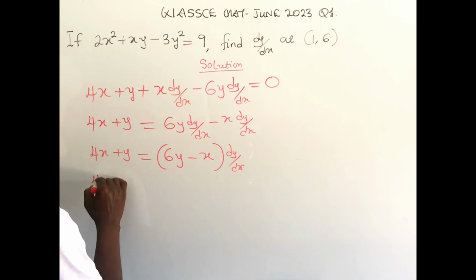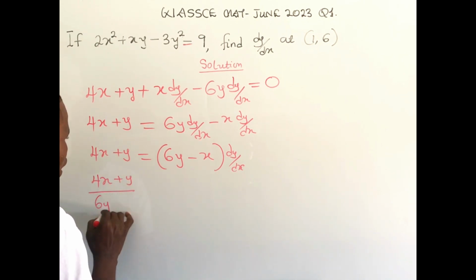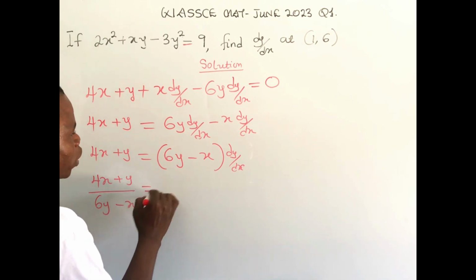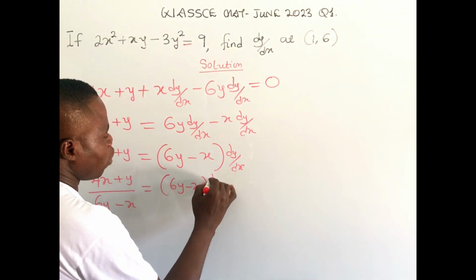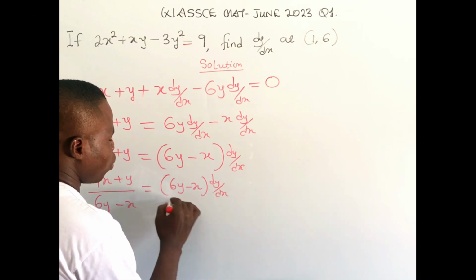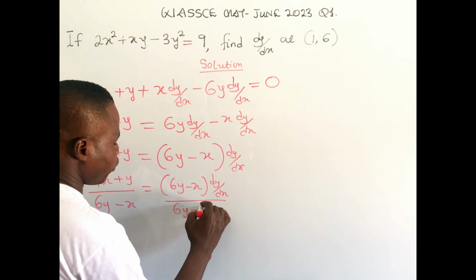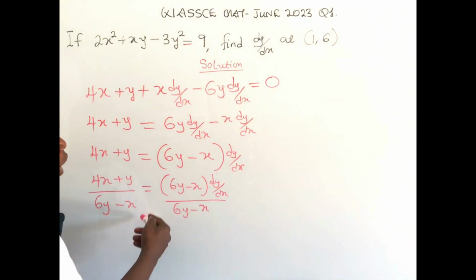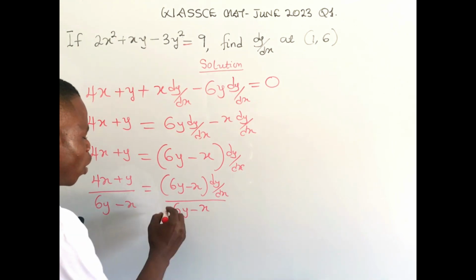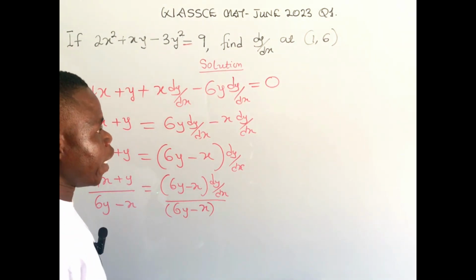So this will give me 4x plus y all over 6y minus x, which is equal to 6y minus x dy dx all over 6y minus x. So you can see that this one will take the whole of this because they are all the same. I will now be left with dy dx.